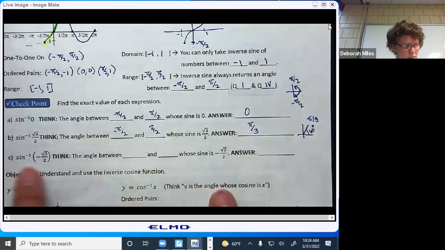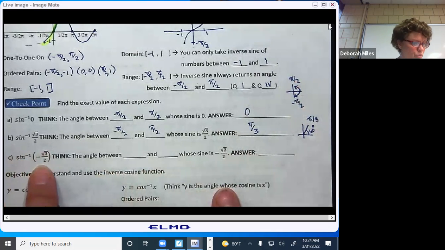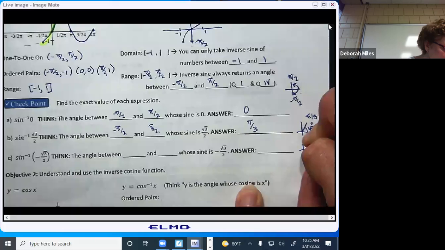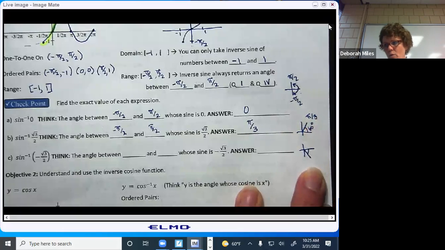And last one, inverse sine of negative square root of 3 over 2 would be that same 60-degree angle, but in the fourth quadrant. So what's its name?